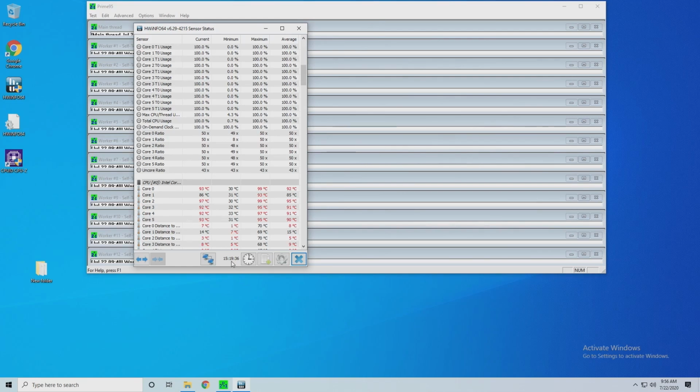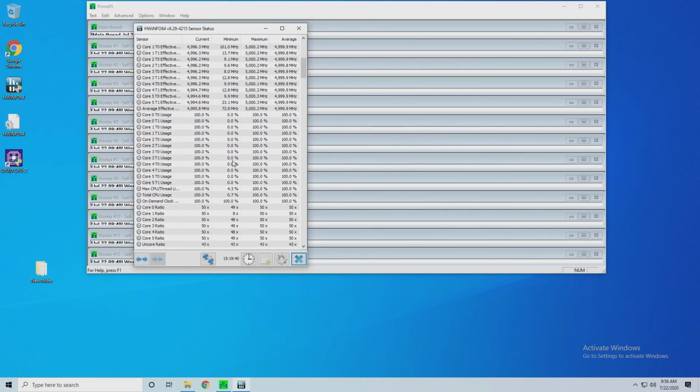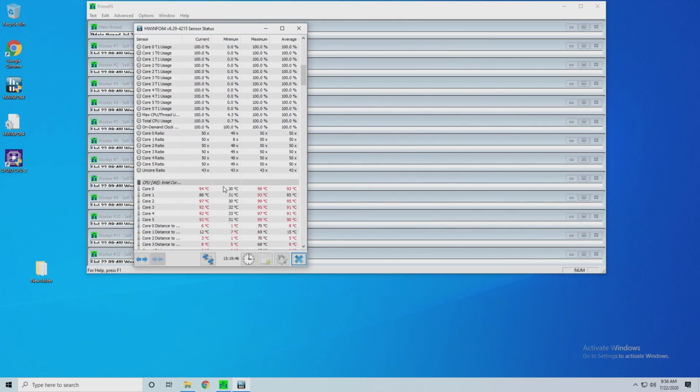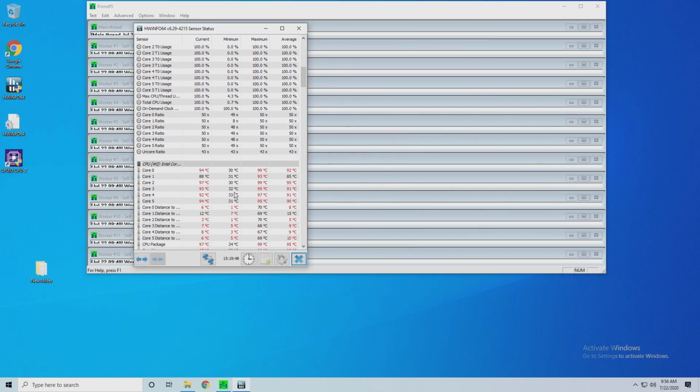Okay, so we've been running Prime95 now for just over 15 hours, and everything is still good. We're still error free here. So temps are pretty high. This is the limit for me.